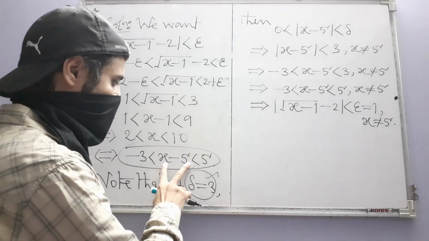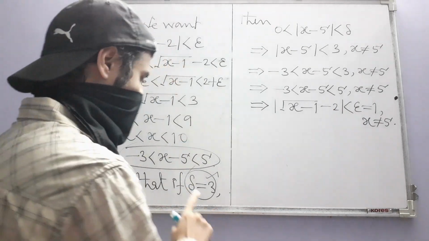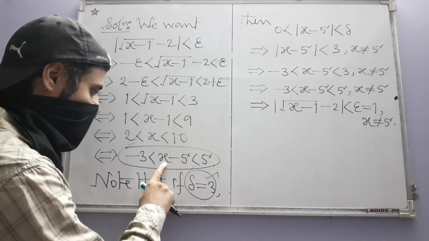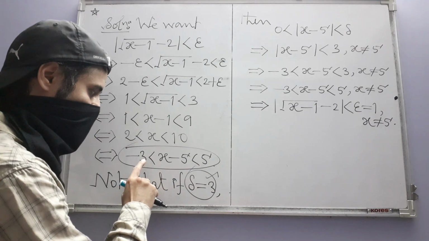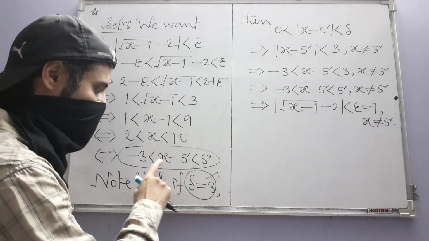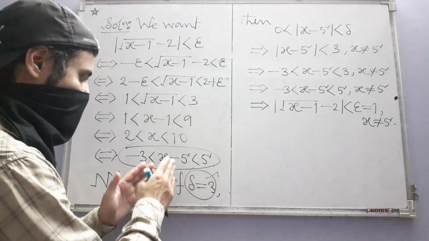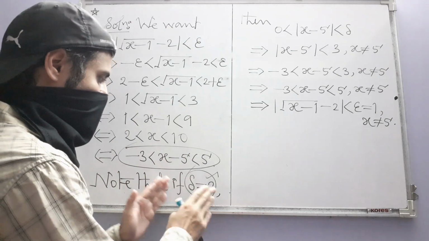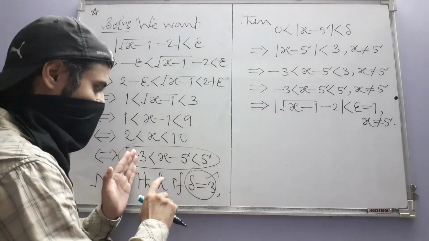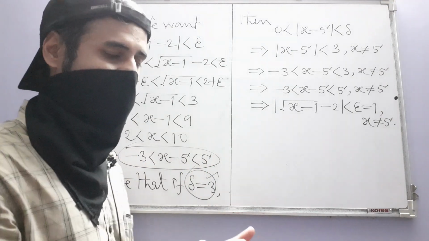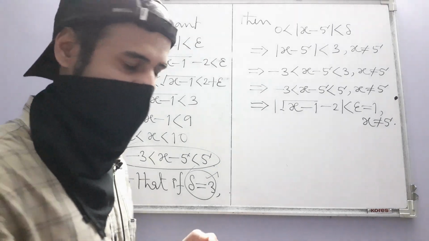Because you are using absolute value, you need to choose that number which is closest to 0. Among 5 and minus 3, minus 3 is closer to 0 than 5 is.